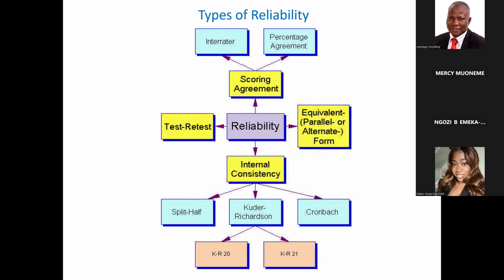We have equivalent or parallel form. For the same thing, you have two ways to test it. For example, people testing RDT to diagnose malaria. There are two types of RDT: histidine-rich protein and lactate dehydrogenase. They are two different chemicals they use to detect the antigen. They believe that they detect it, but for you to use it, is it reliable? Because they may bring one RDT using histidine protein in Oyo, and take another one using lactate dehydrogenase to Benue.